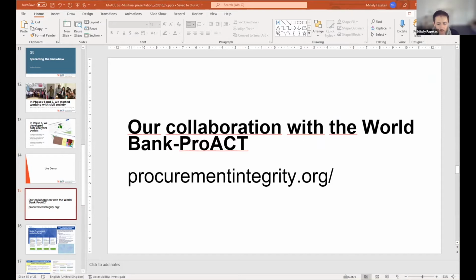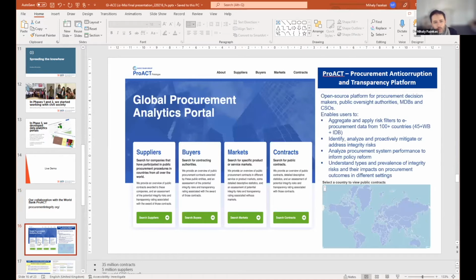So this is a tool which is global in nature, so it has more than 100 countries in it, even though the data scope drastically differs country by country. For some countries, we only have data from the World Bank funded contracts. For others, we have millions of records from a national procurement system.